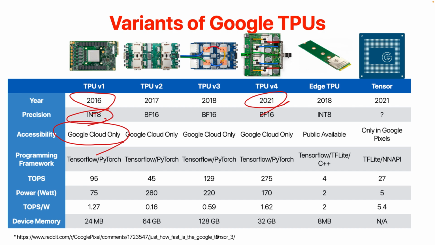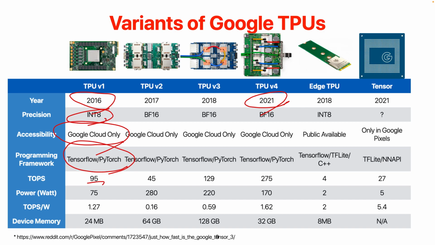If you want to program on it, the only way is through TensorFlow and PyTorch. And it's not the PyTorch and TensorFlow that you can access publicly. It's the specialized version in Google Cloud.